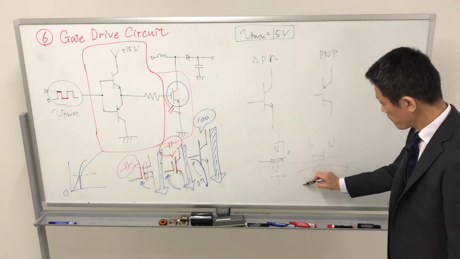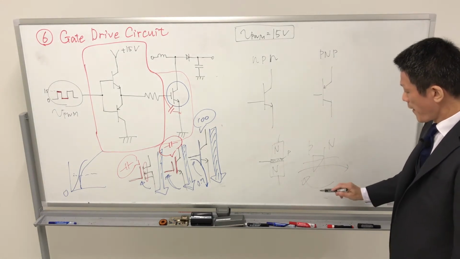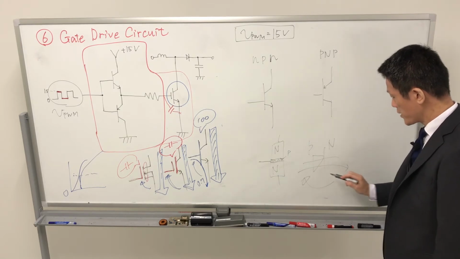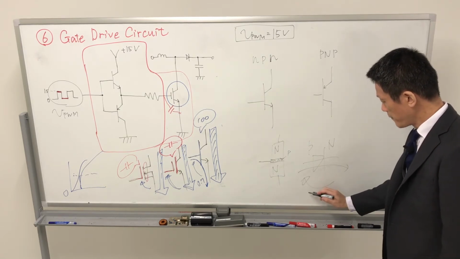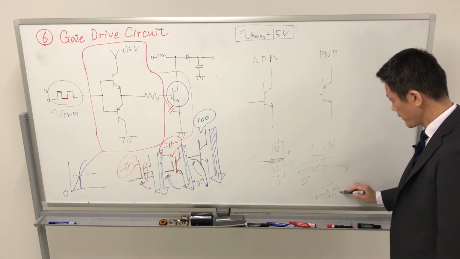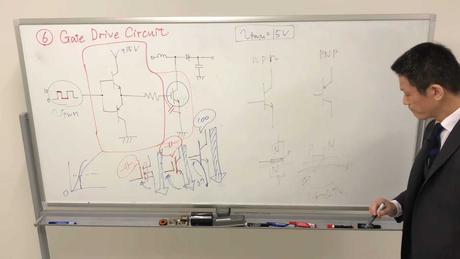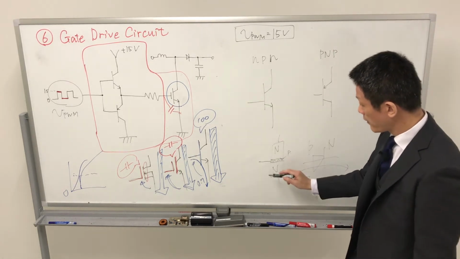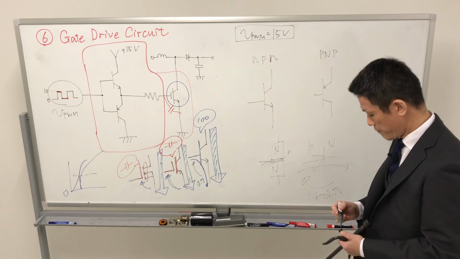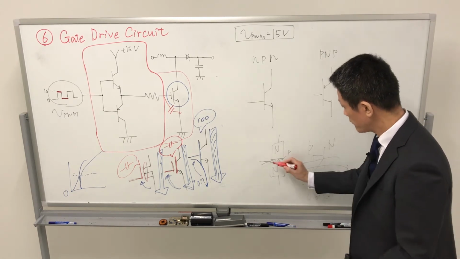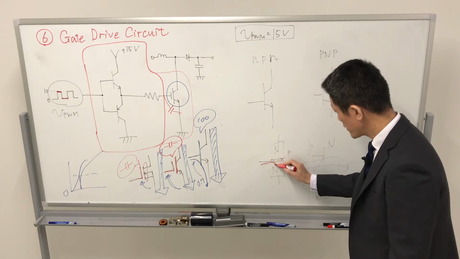When the PN junction voltage of 0.6 to 0.7 is applied between each side, we can flow the current from the P channel to the N channel.